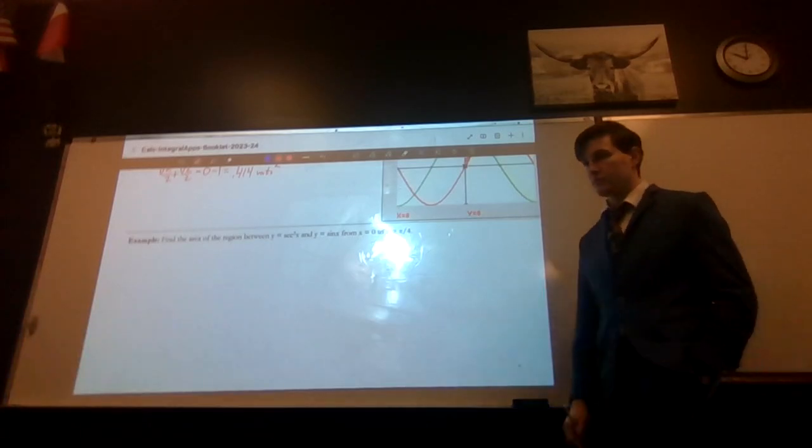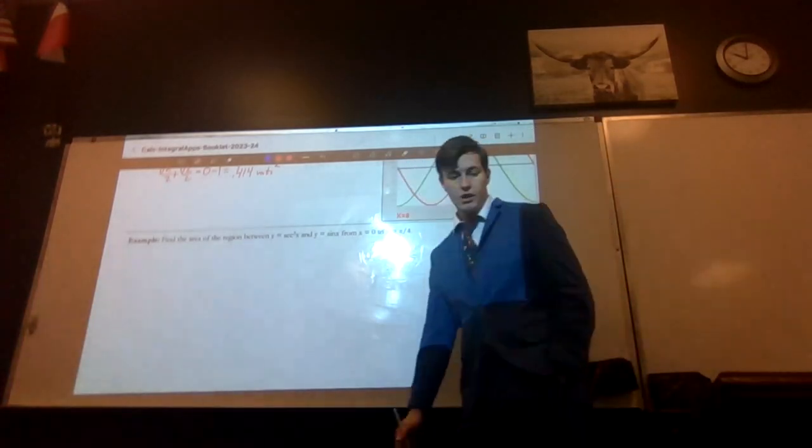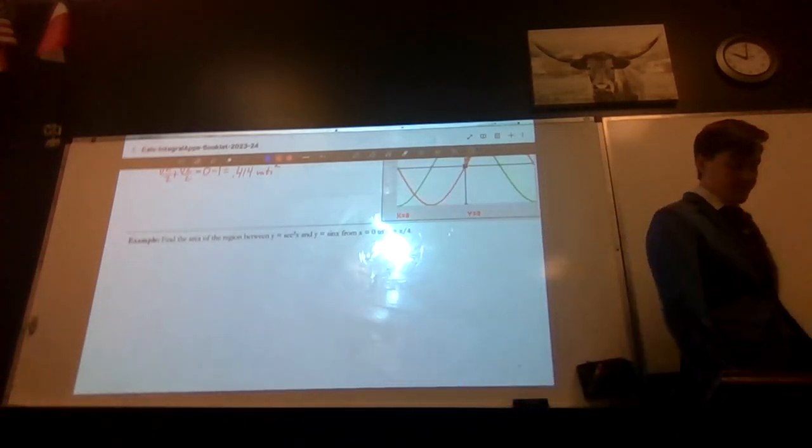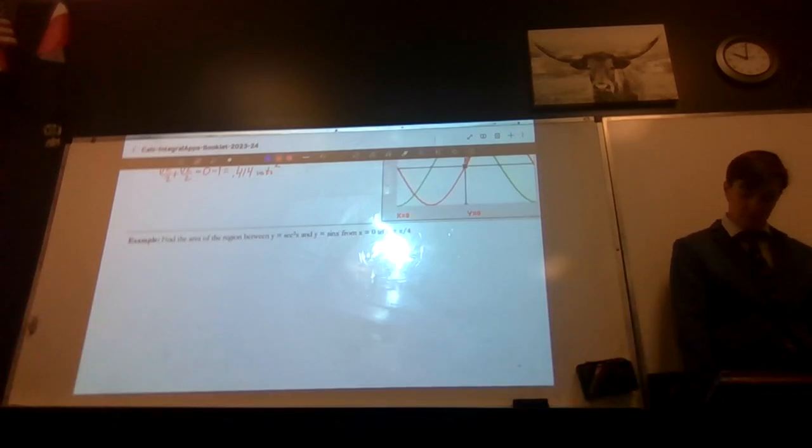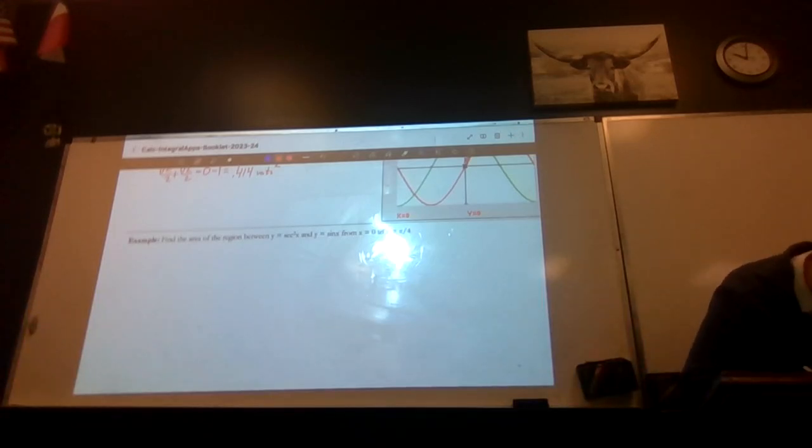So 1 over cosine squared. Okay, your graph should look like this. This right here is sine of x. This right here is secant x.